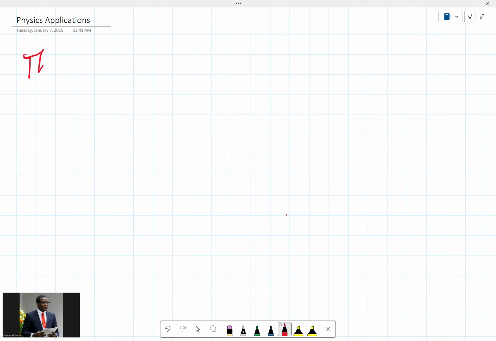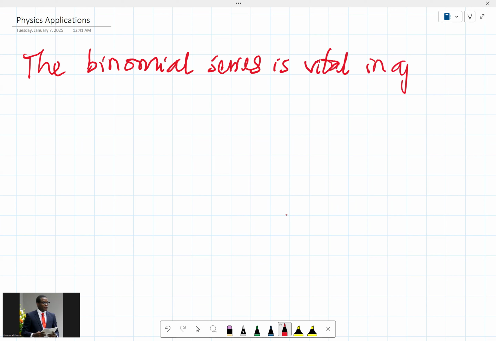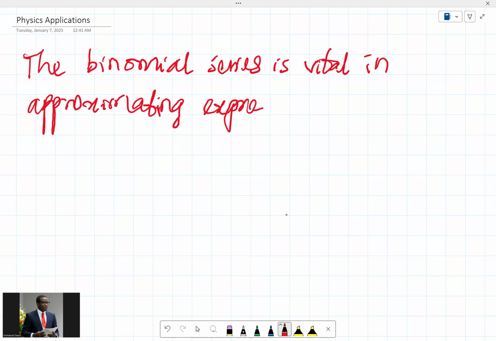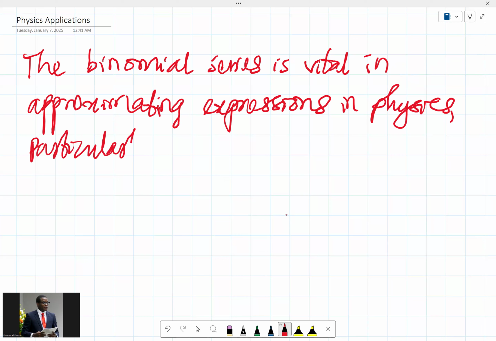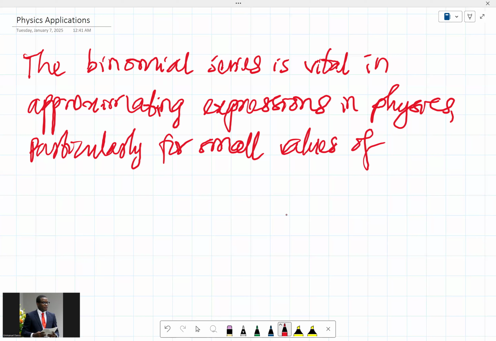So we see here that the binomial series is vital in approximating expressions in physics, particularly for small values of variables.